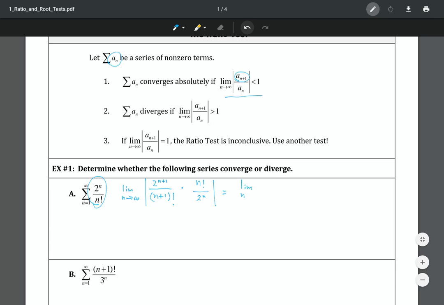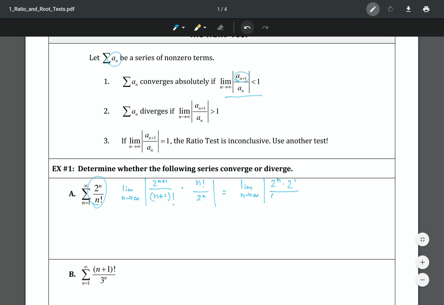Now, I'm going to rewrite a couple of things just to make it easier for you to see what I'm doing. So 2 to the power of n plus 1 could be rewritten as 2 to the n power times 2 to the first power. Remember, when you multiply two exponentials, assuming you have the same base, then you add the powers, right?